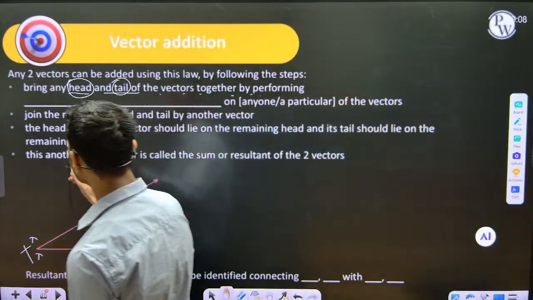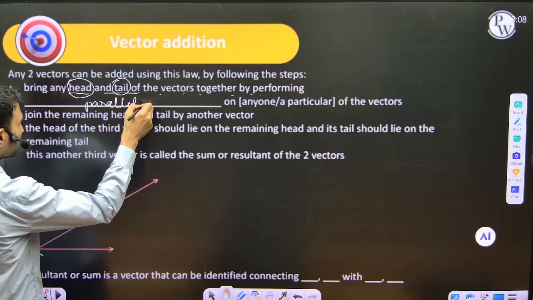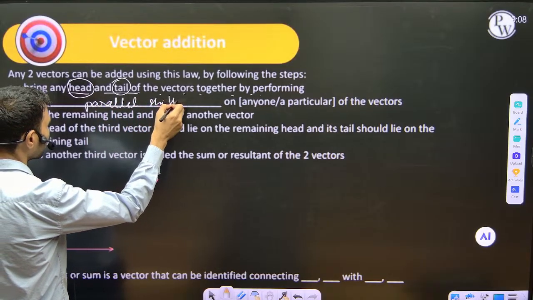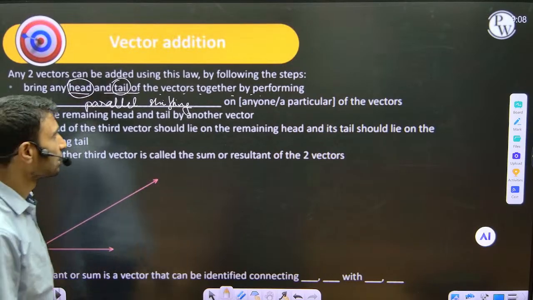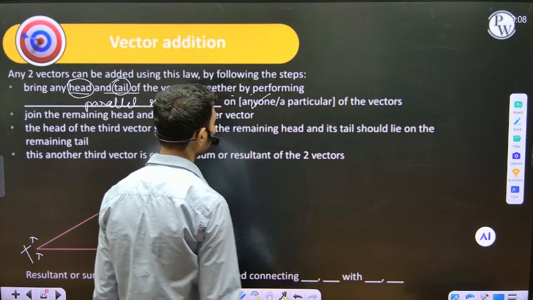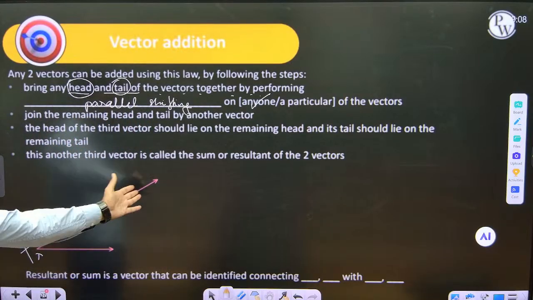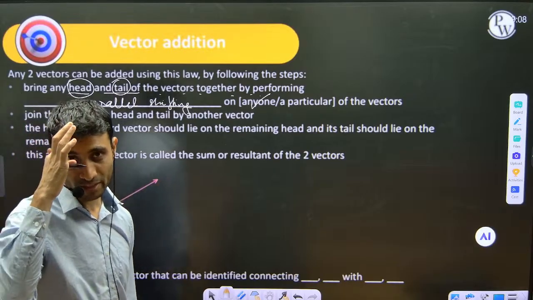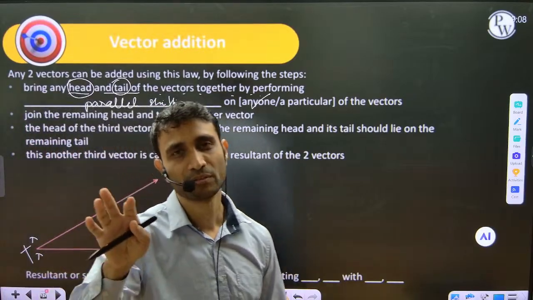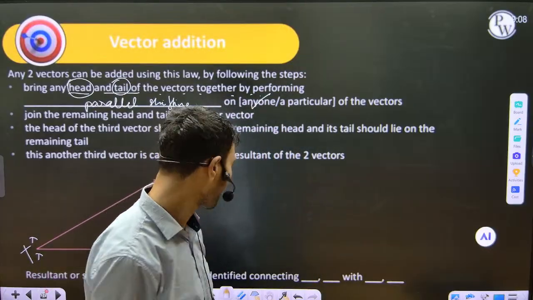I can perform something called parallel shifting. I can perform parallel shifting on any one of the vectors. It's not that you have to do it on this vector or that vector, any vector will do, because our primary objective is just to bring the head and tail together. We don't really care which vector we are moving. That doesn't matter, right?